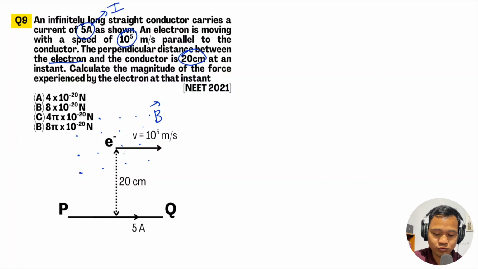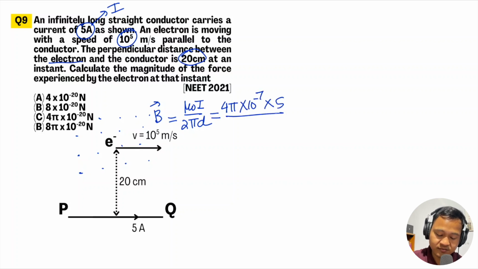The magnetic field due to this wire is given by the formula mu naught into I by 2 pi d, since it is an infinite wire. So put the values: 4 pi into 10 power minus 7, current is 5, divided by 2 pi into d. The distance from the electron to the wire is 20 centimeter, so in meter that is 10 power minus 2.